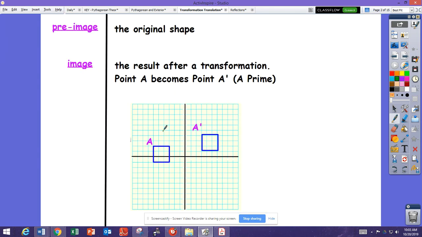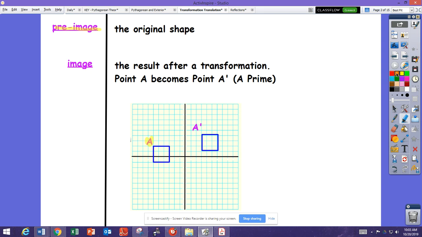Let's talk about the kind of language I used on the last screen: the image and the pre-image. The pre-image is the original shape. So in this one, the pre-image would be this shape here. The original shape has letters that have nothing next to them. It'll just be A, B, C, D, or whatever the letter is, by itself.